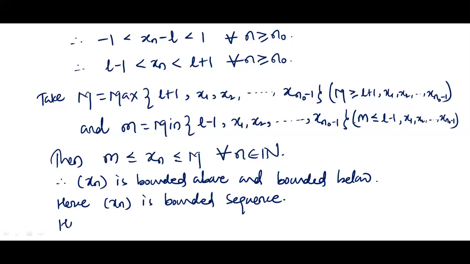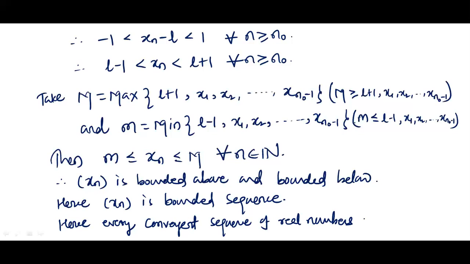And hence we prove that every convergent sequence of real numbers is bounded. Means if you have any convergent sequence, it is bounded.